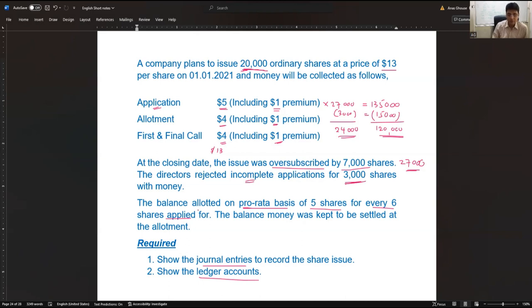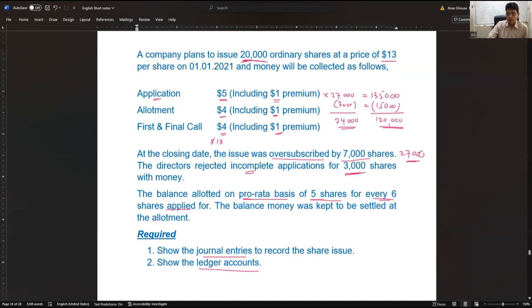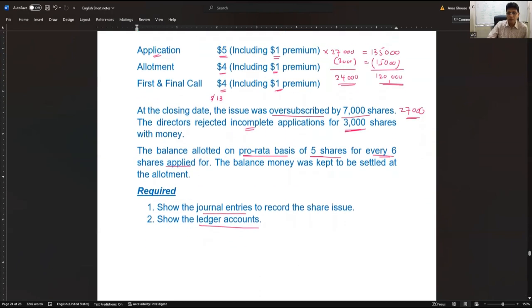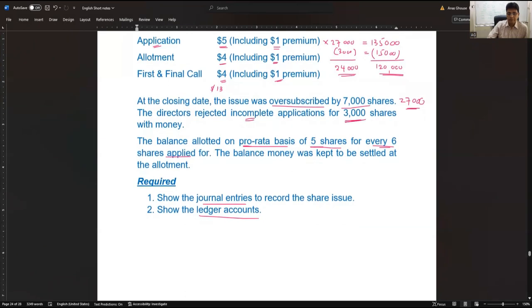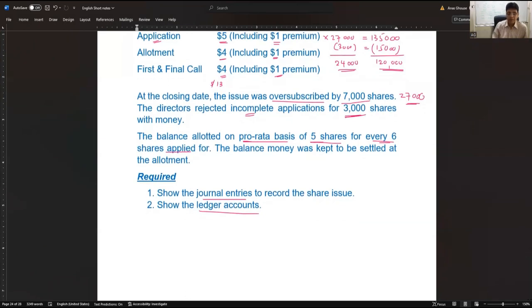Now, the company allotted on a pro rata basis 5 shares for every 6 shares applied for. For example, let's assume you have applied for 6 shares, but the company allotted how many shares? 5 shares.